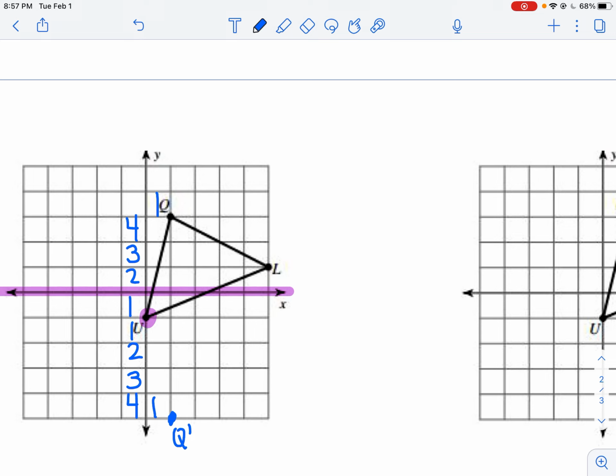And I can see that that L is obviously on the very outside of the graph. And then I can see that from point U, it's actually 1, 2 spaces away. So I'm going to go 1, 2 spaces down and place my L prime. And now I can connect all 3.